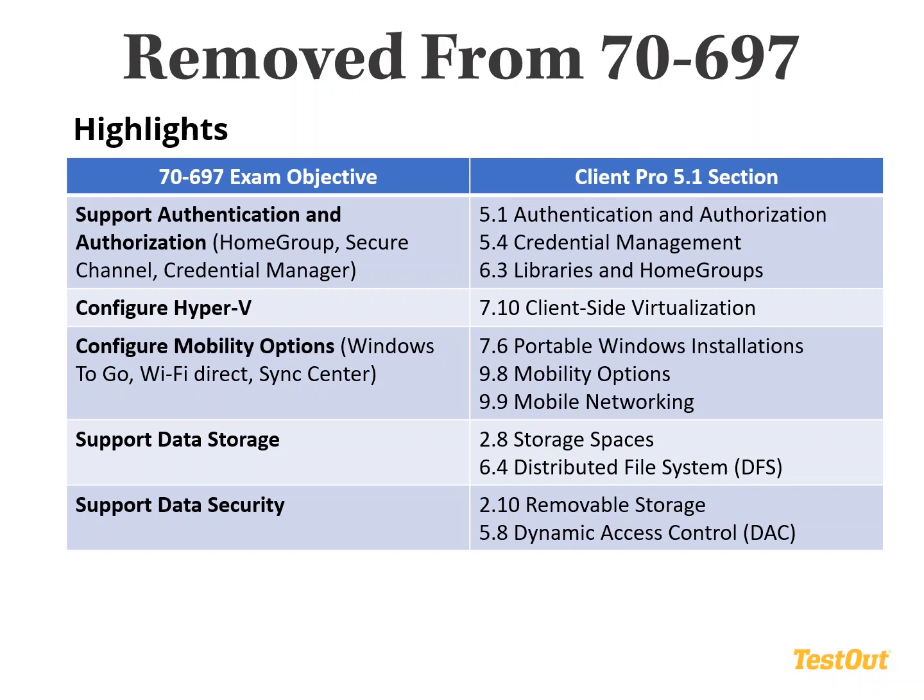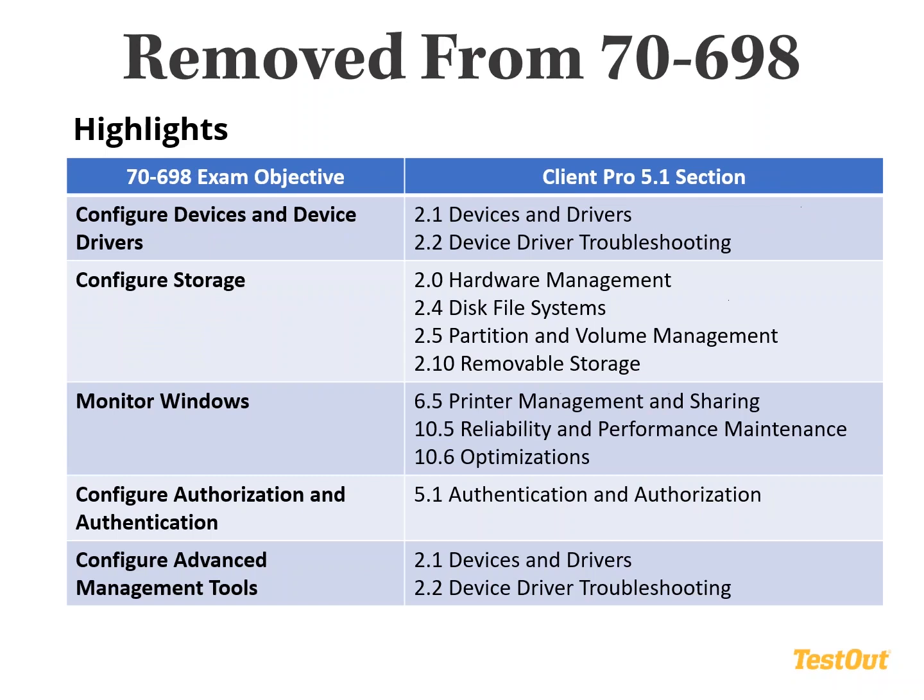Remember that 697 is the managing Windows devices course. So from 698, which is the installing and configuring Windows 10 course, these are the objectives that are no longer there.